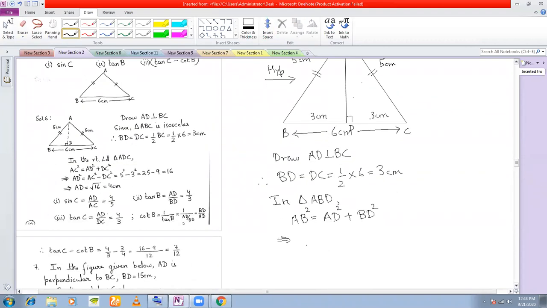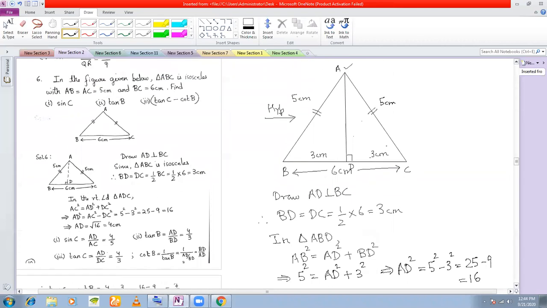So 5 square. AD we want to find out, and BD is 3. So AD square is simply 5 square minus 3 square, which is 25 minus 9, 16. Therefore, AD is square root of 16 equal to 4 centimeter. So I have got the length of this perpendicular from Pythagoras theorem as 4 centimeters.